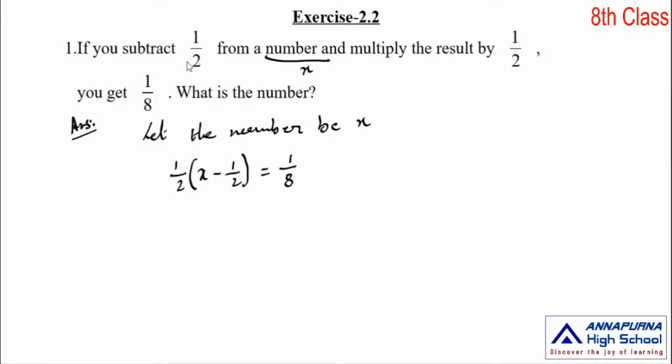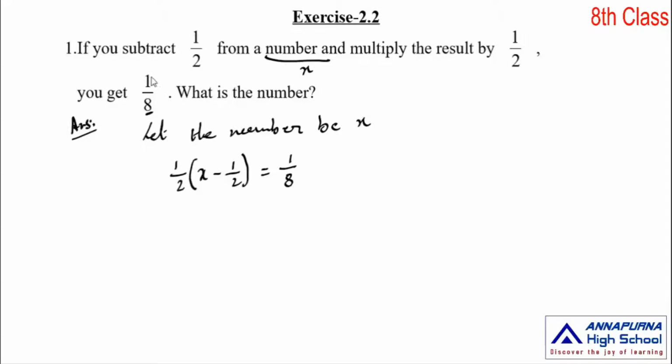If you subtract 1/2 from a number x and multiply the result by 1/2, you get 1/8. We don't know that number, so we take it as x and apply the whole process to this x. I got this answer, 1/2 into (x minus 1/2). But from the given, the original answer is 1/8. So it is equal to 1/8.